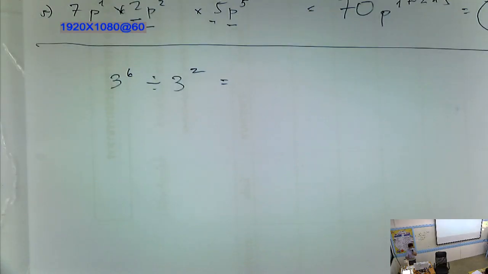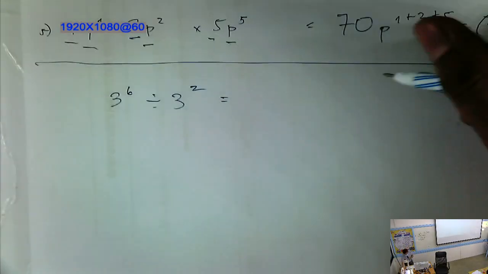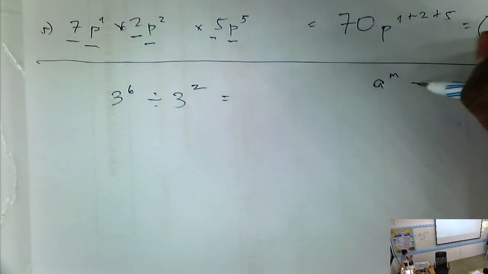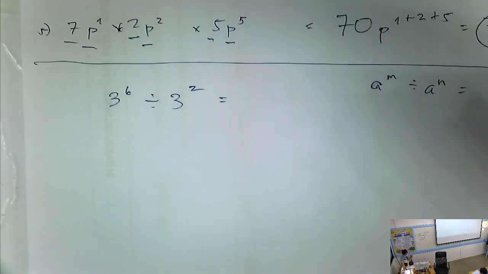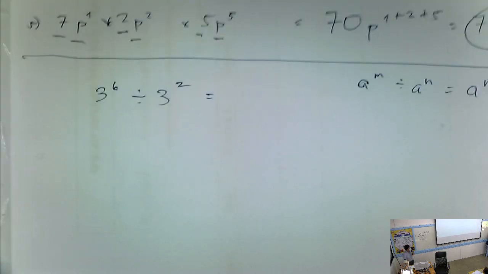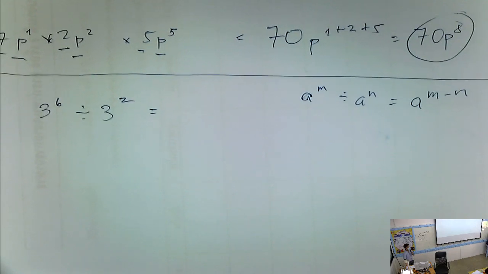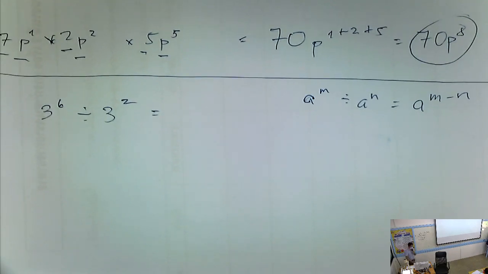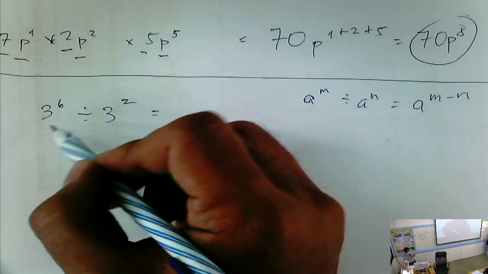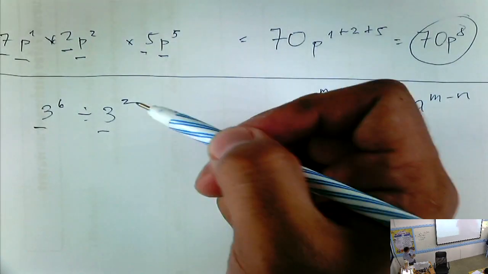Okay, let us have this rule. So again, that is a to the power of m divided by a to the power of n is equal to a to the power of m minus n. So again, in dividing exponential numbers, you are going to subtract the exponent. So if we have here 3 to the power of 6 divided by 3 to the power of 2, they have the same base number, which is 3.